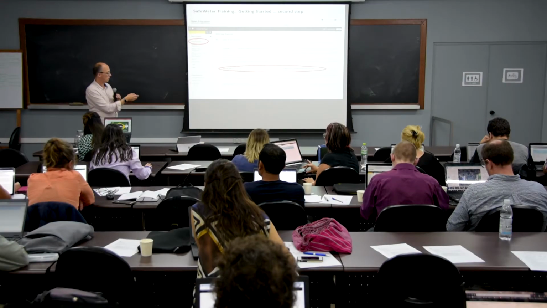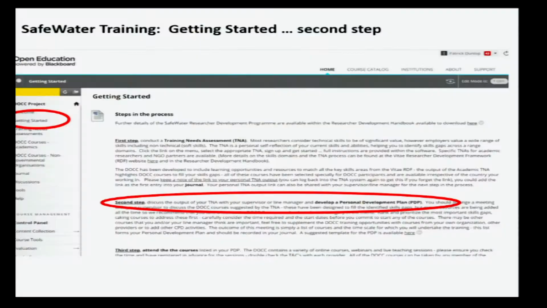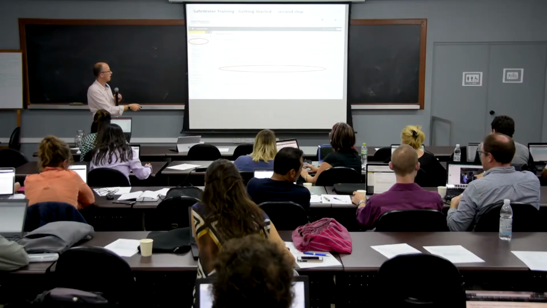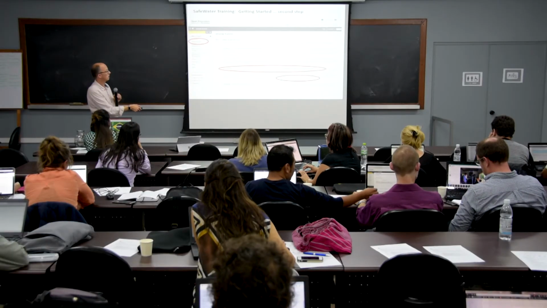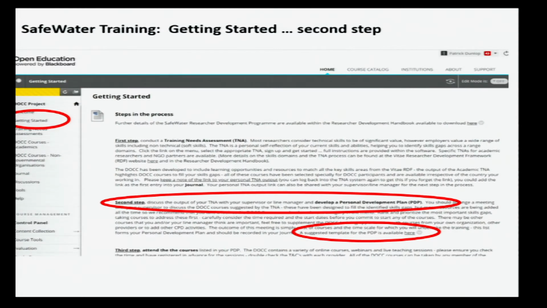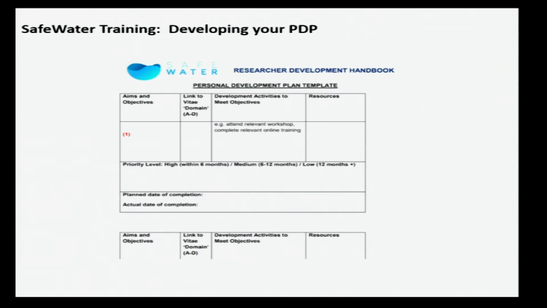Okay? And I have given an example of a way that you could develop a plan, a template, if you wish you can use. Okay? You can click this little link and it will download a Word file. And you can enter in some details about a range of different skills you want to improve and the way you want to do that.